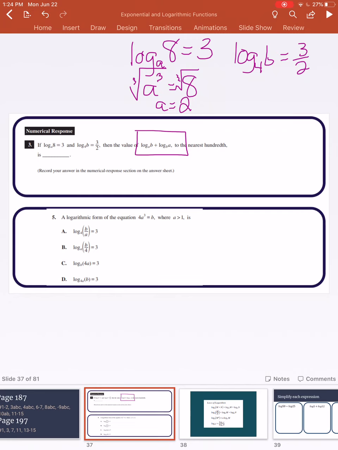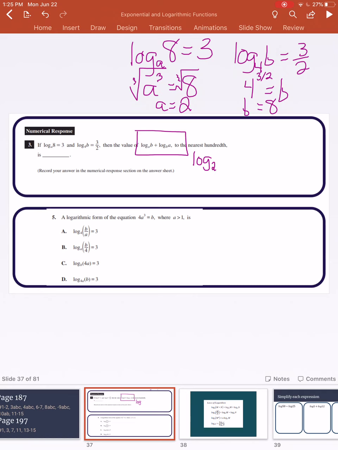Now over here, we're once again going to convert to exponential form. So my base is 4, my exponent is 3 over 2, and it all equals my argument, which is b. So this one, just type it in your calculator, and you should end up getting a b value of 8. So now that I know my a value and my b value, I'm simply going to substitute them into this logarithmic expression.